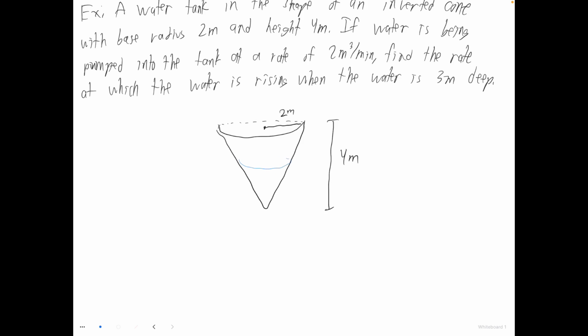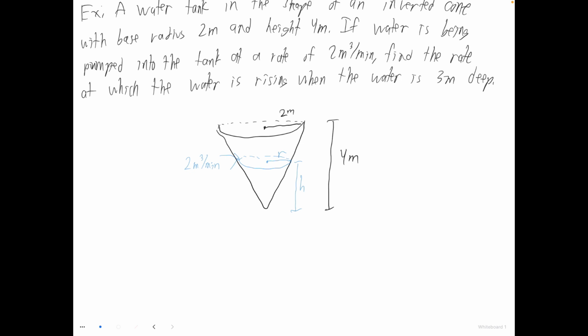So at some point we have our water level. We have our radius here, r, and we have some height of the water, which we're going to call h. And so we're just saying that this is the picture when we have raised the water level up to h. And we're adding water in. So we're adding water to the tank at a rate of 2 meters cubed per minute.